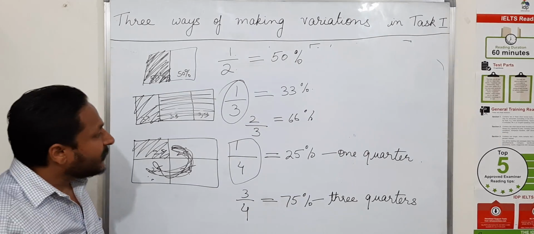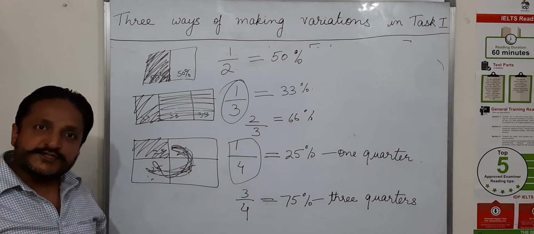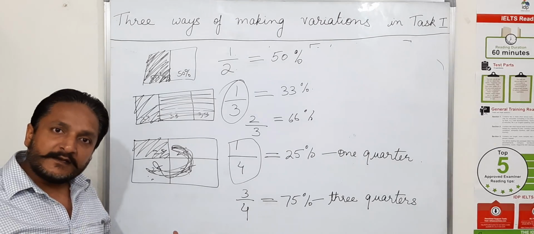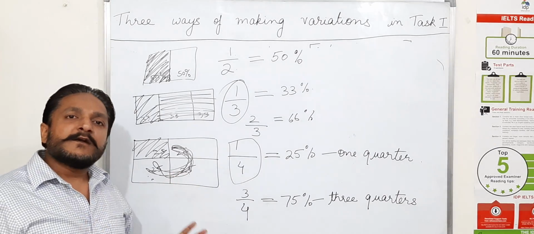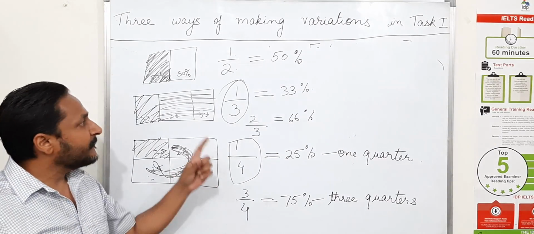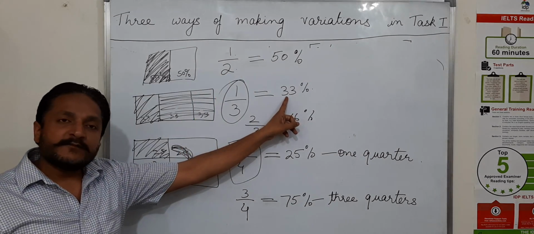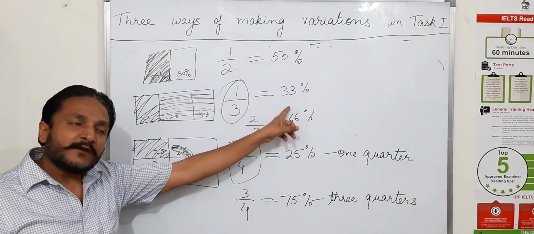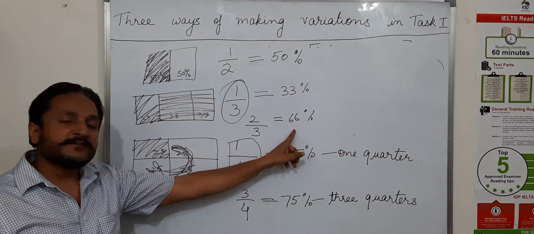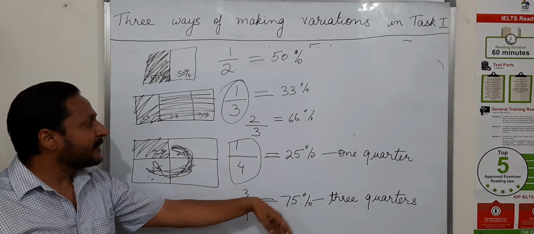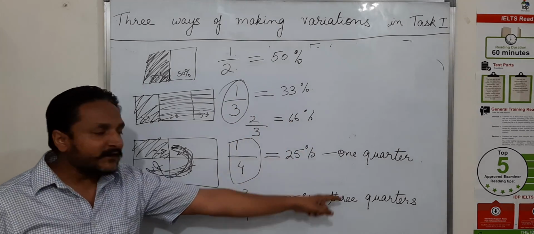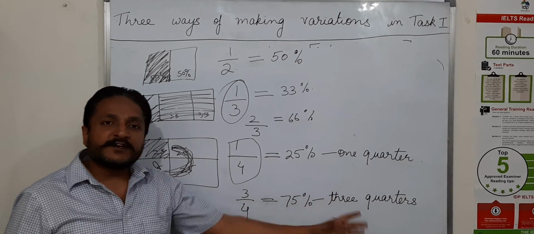So guys, I want you to take a screenshot of this particular screen, and you can learn it by heart. If you see something near to 33%, that will be 1/3. Something near to 66% will be 2/3. 25% will be 1/4. 75% will be 3/4.